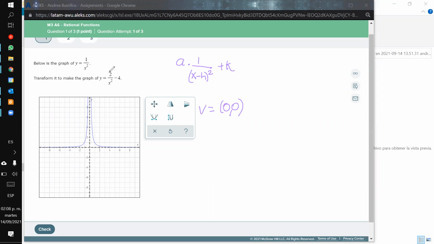So what happens here if I have a number multiplying my function?